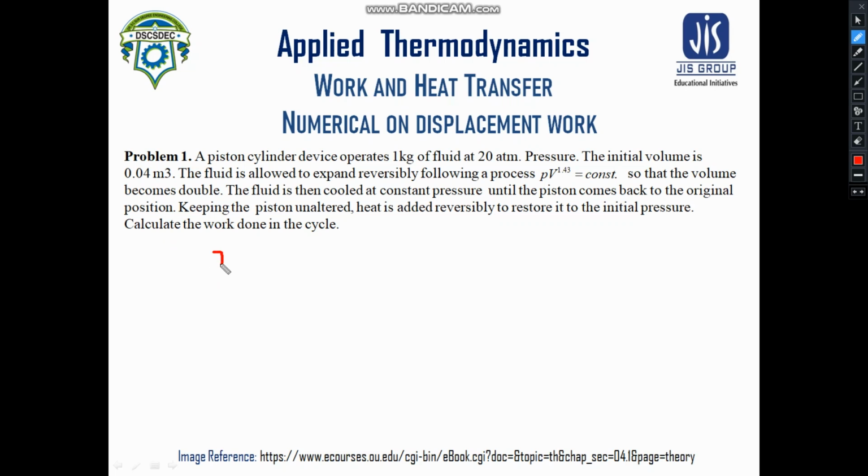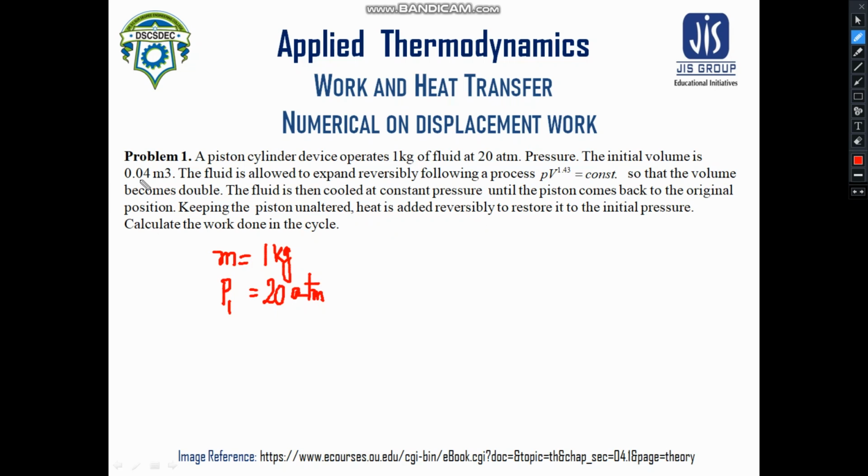I'm just writing down the basic information here. 1 kg, the pressure is 20 atm. It is the initial pressure.